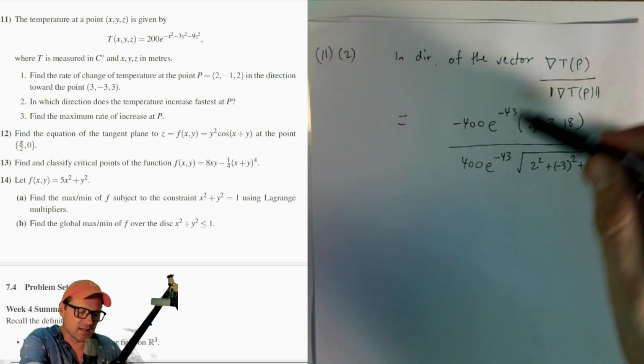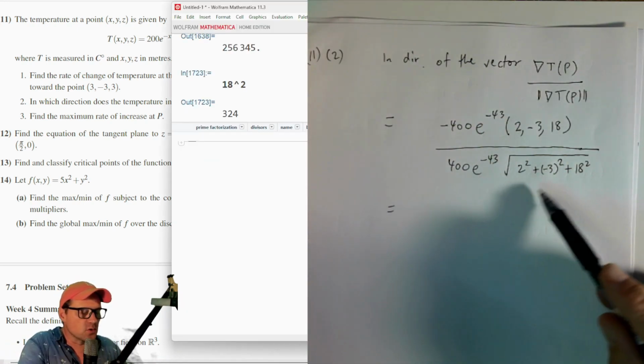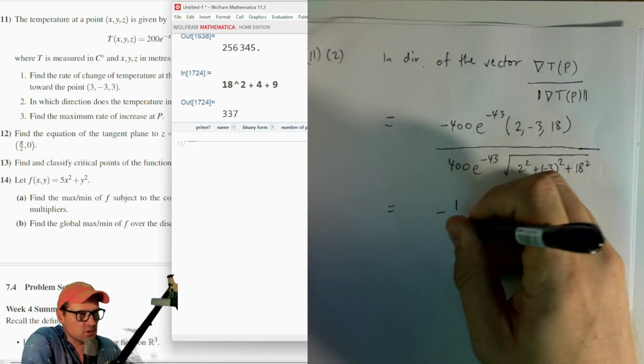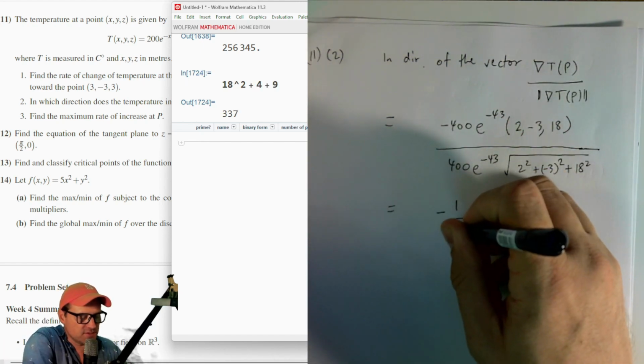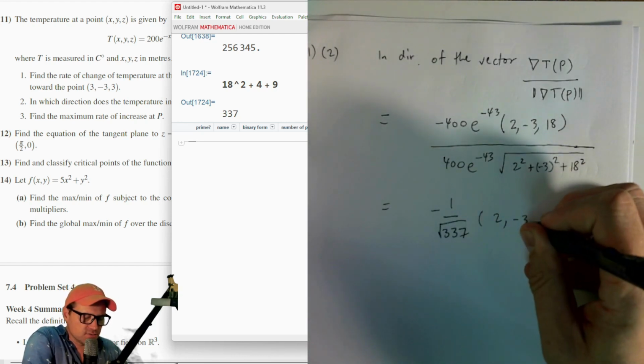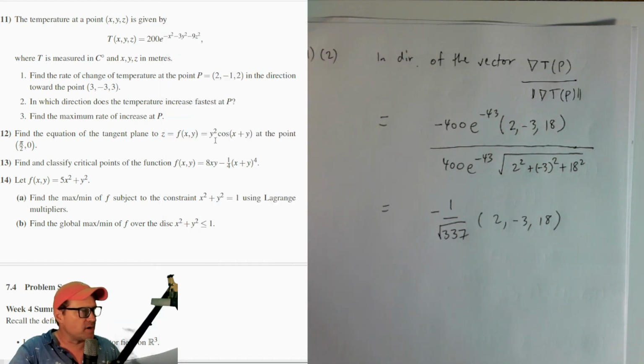Okay, and so we can cancel this part of it. 18 squared is 324, so 324 plus 4 plus 9, so 337. So we have minus 1 over the square root of 337 times the vector 2, minus 3, 18, which will be a unit vector.